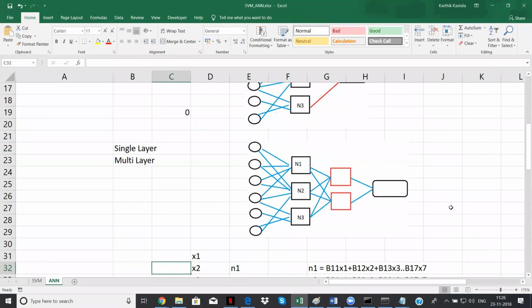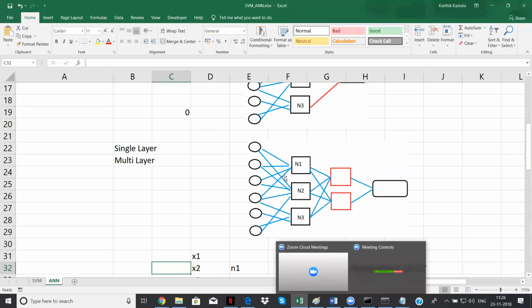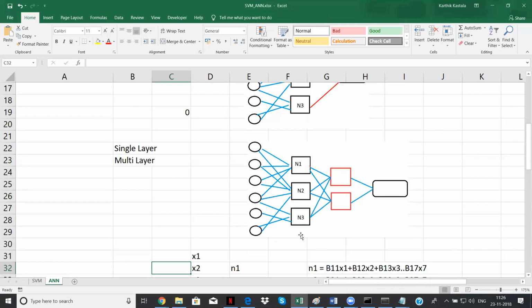Look at how I have connected them. This one circle, let's call it x1, connects to all the three n1s, processing units. So x1 to n1, x1 to n2, x1 to n3, x2 to n1, n2, n3, x3 to n1, and so on, till all my x's are covered.